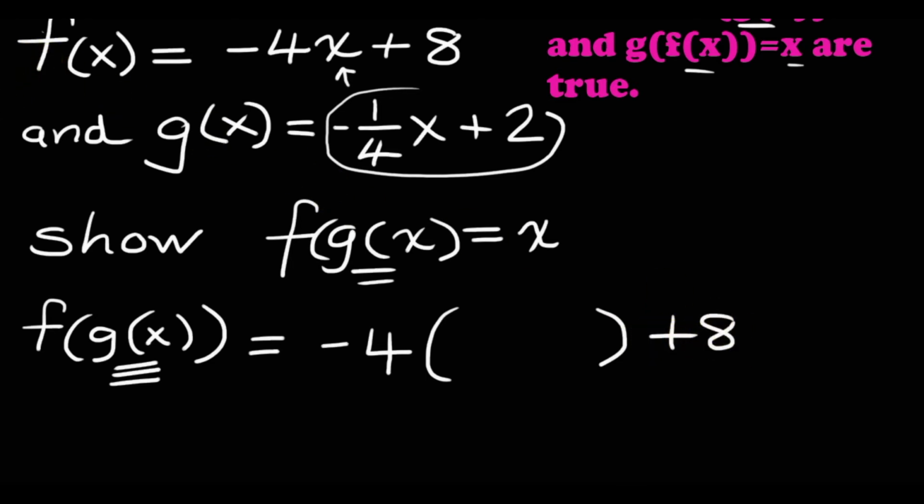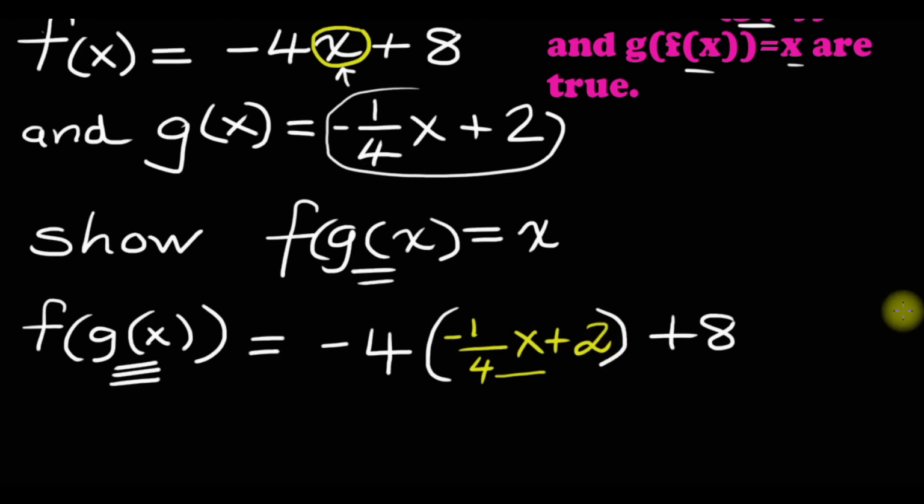So what goes in that parenthesis? It's an x, right? See it, -4x. This is my x, plus 8. So my x is going to be -1/4 x plus 2.